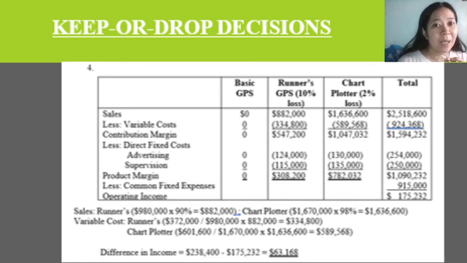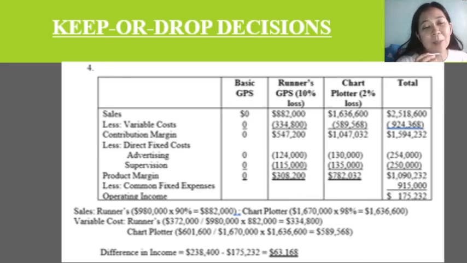However, this time, the effect of dropping the basic GPS will also cause a loss on the runner's GPS and chart plotter product lines. So our new operating income now will become 175,232. So we dropped $63,168 in operating income.